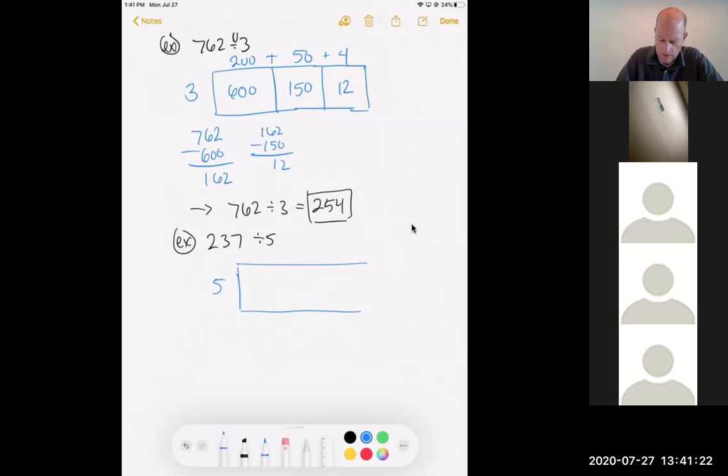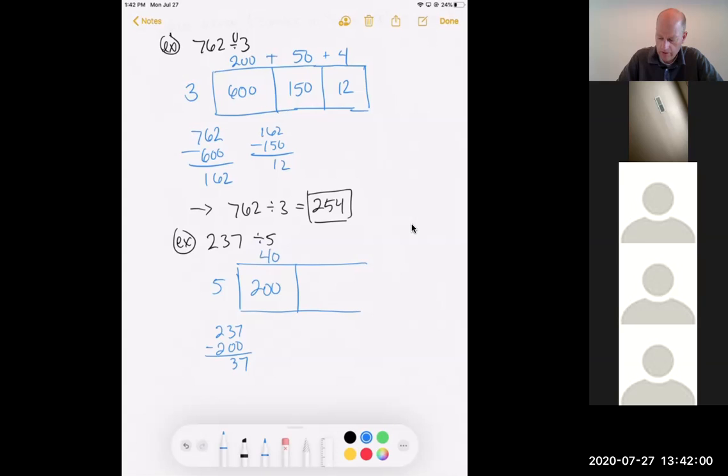What number should we use for our first chunk of 237 to divide out by 5? 200. Okay, so I'm going to keep track of the 200 here. If the area in the middle is 200, and one dimension is 5, then what's the other dimension? What number should I write here? 40. Okay, great. Now I have 37 left.